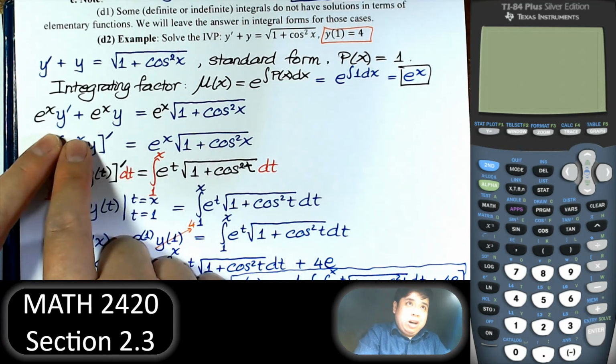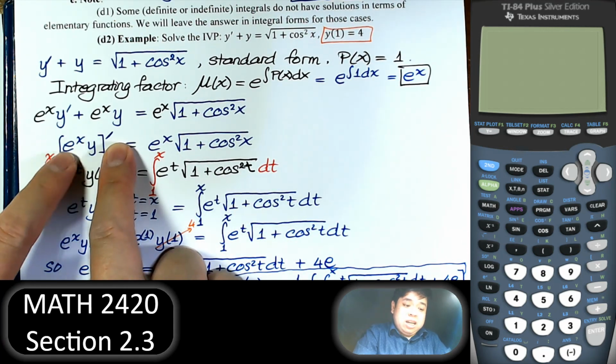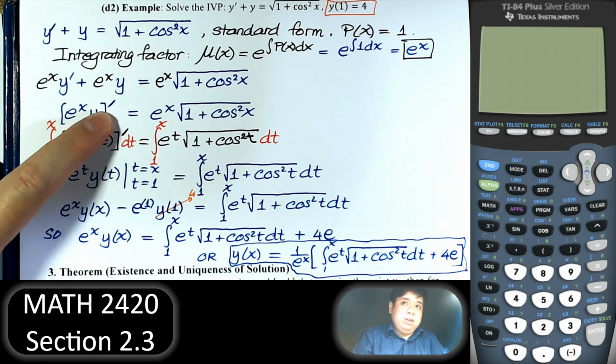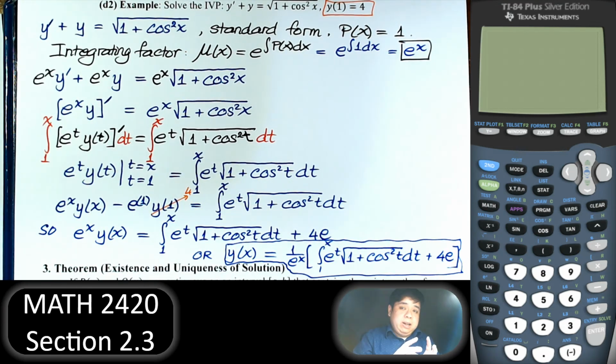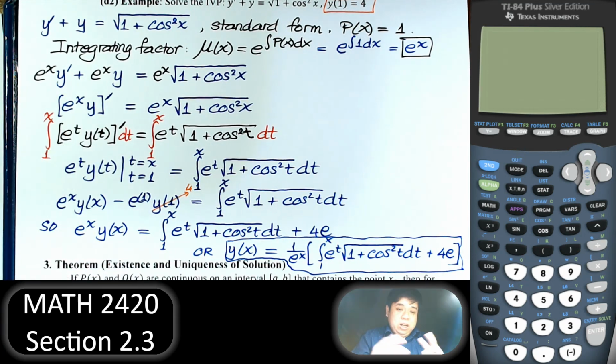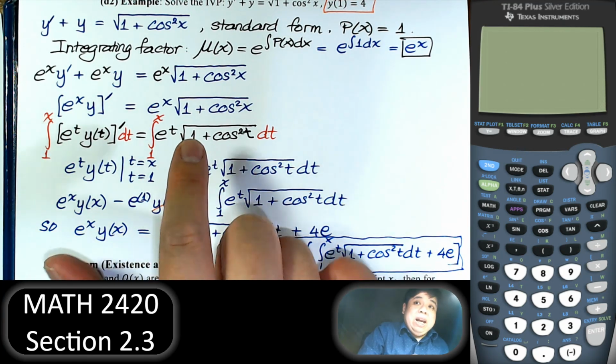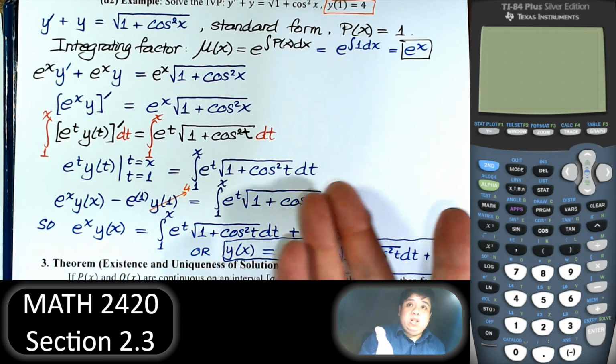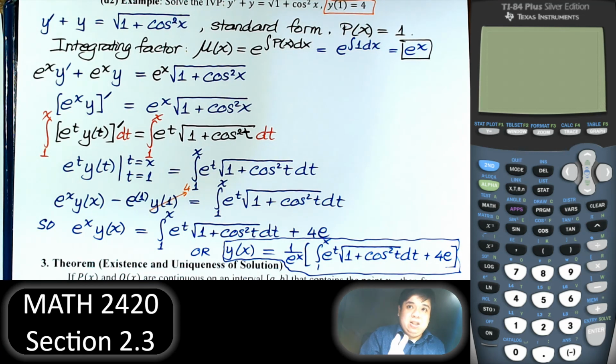When we multiply, the left hand side becomes the integrating factor times y under the derivative. Because both of them are under the derivative, to get rid of the derivative, we integrate both sides. The problem depends on whether we can integrate the right hand side or not. If it is too complicated like this, we're just going to leave it as the integral. Right.